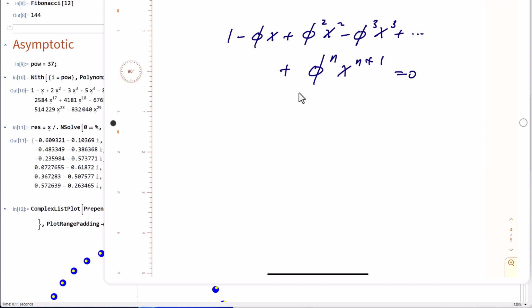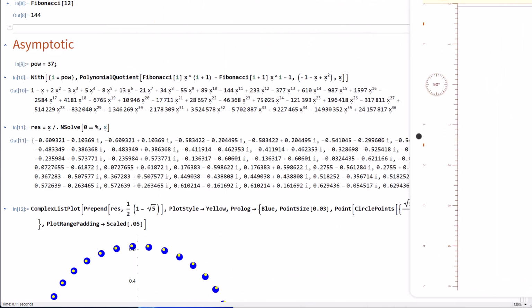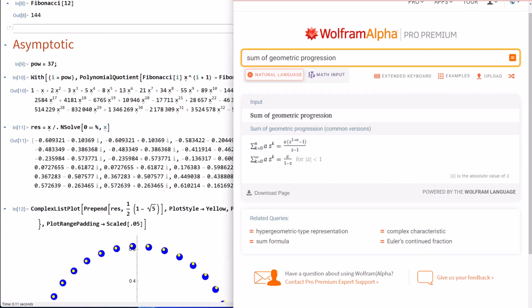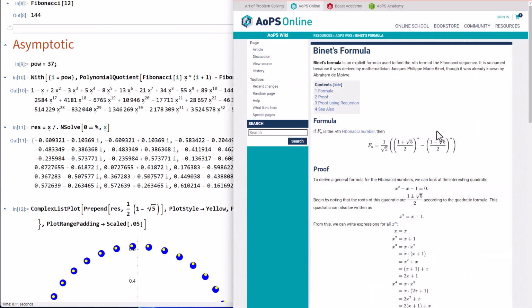So the reason is, once the Fibonacci number gets bigger and bigger, it's closer to 5 to the power of n, because from Binet's formula, this part is of magnitude less than 1.